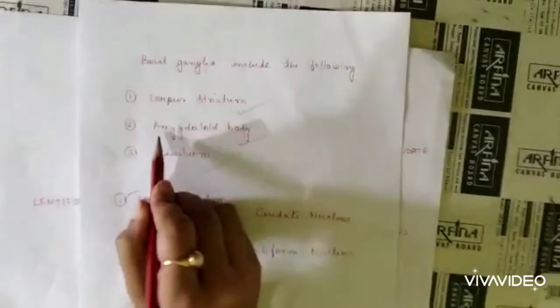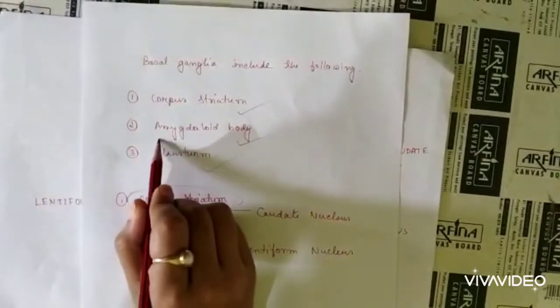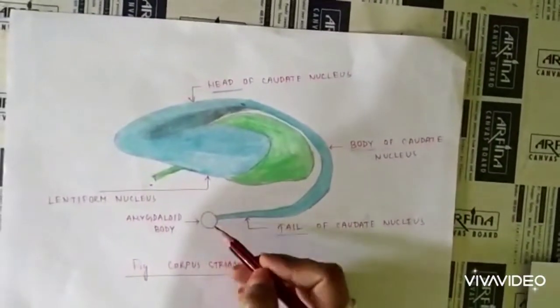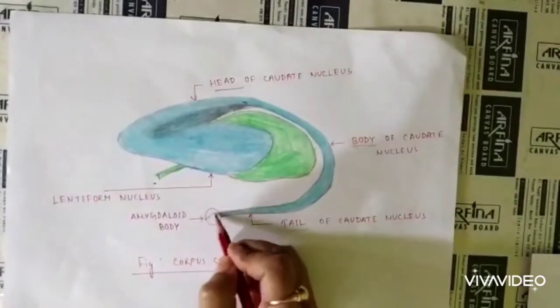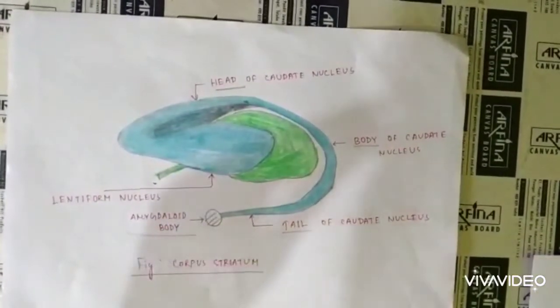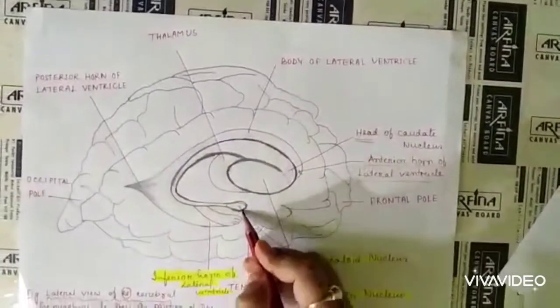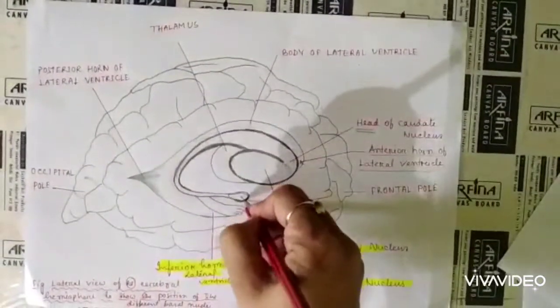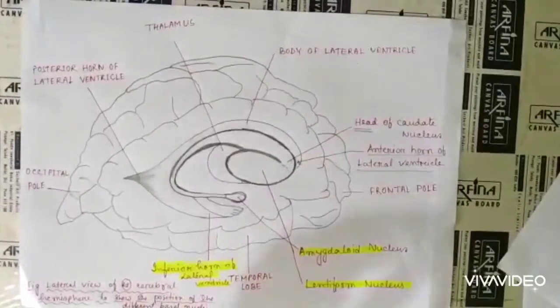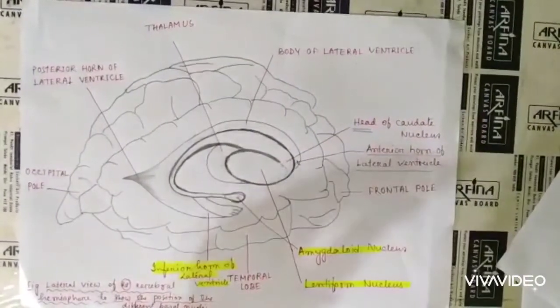Now come to the next part, the amygdaloid body. In this figure, this portion is the amygdaloid body, a nuclear mass in the temporal lobe.